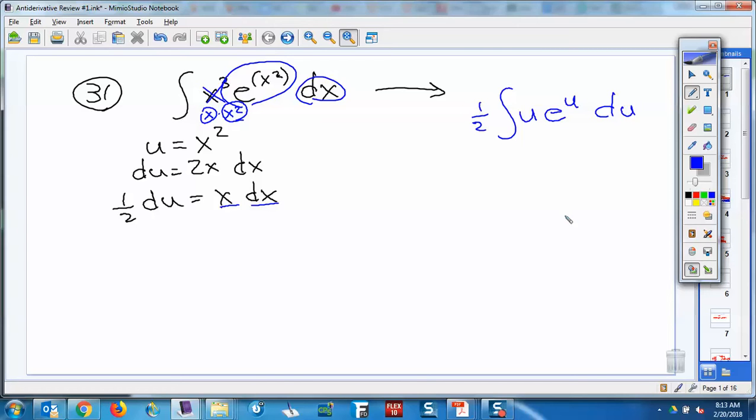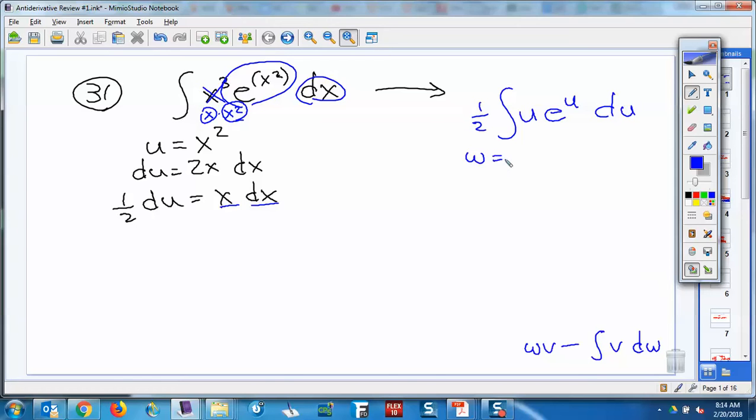Now, the problem becomes you already have u in there, so you might want to use something else. A lot of times we use w. So if the formula is uv minus integral of v du, now it'd be wv minus integral of v dw, right? All right, so what would W equal?